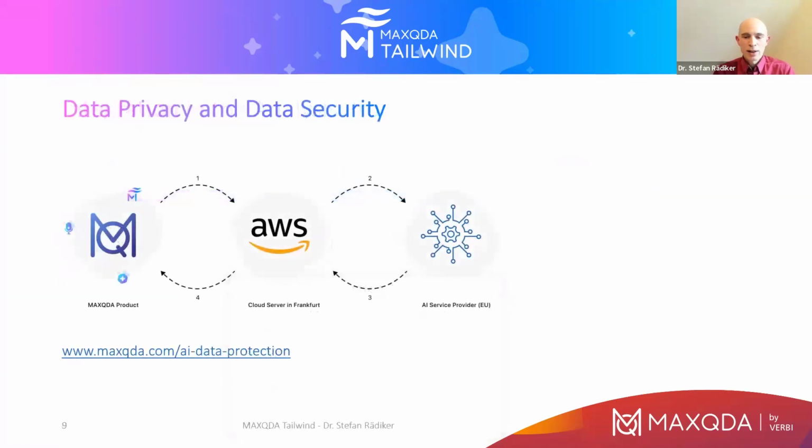And then some may ask, what about data privacy and data security? So with all MAXQDA products, it works like this. Whenever you start an AI-related request, no matter if it is from AI Assist, from transcription, or here from MAXQDA Tailwind, creating a summary, the request is sent to the MAXQDA server, a cloud server hosted in AWS. And then it is sent to the large language model and processed and sent back to the MAXQDA product.